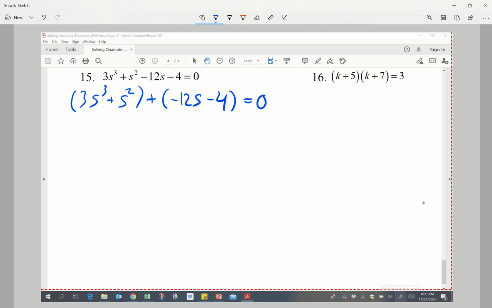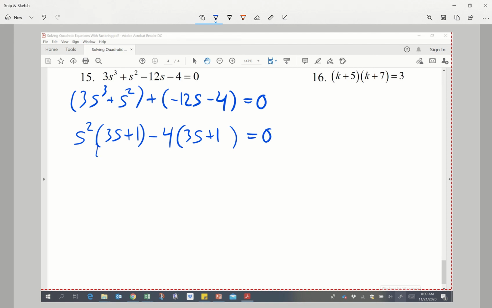Out of the first expression, the GCF would be s squared, so we can factor s squared out of the first grouping. That'll leave us with a 3s plus 1. Out of the second grouping, the GCF is 4, but we're also going to factor out a negative, so factor out negative 4. That will also leave us with a 3s plus 1, equals 0.